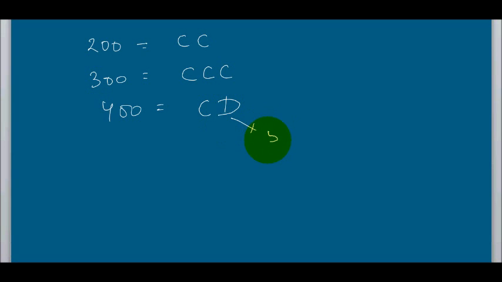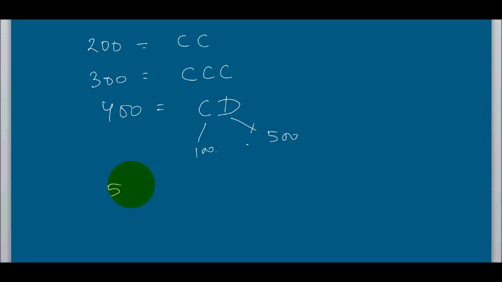How will I write 200? Very easy, double C. 300, triple C. 400, no, triple C will not be allowed. Now you have to go to a larger number. D means 500. Now you have to subtract 100 from here. This D is 500 and this C is 100, so 100 subtracted from 500 is equal to 400.